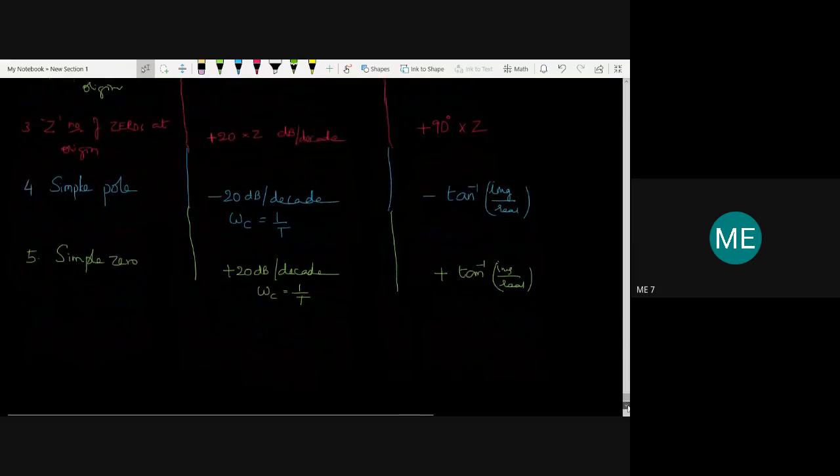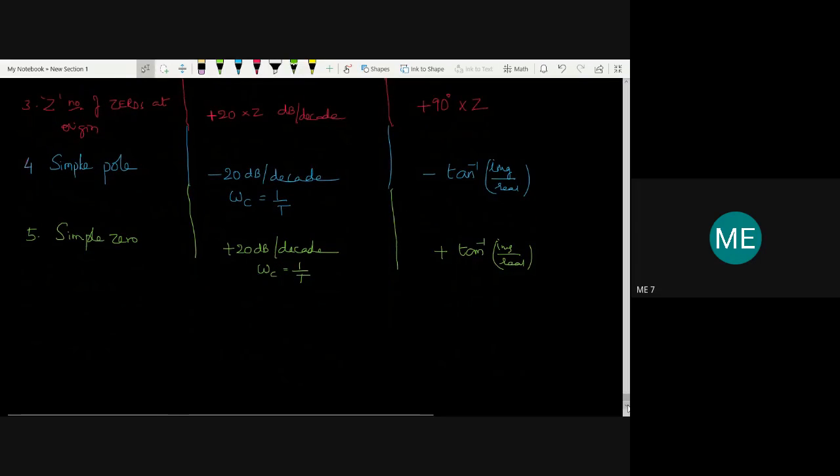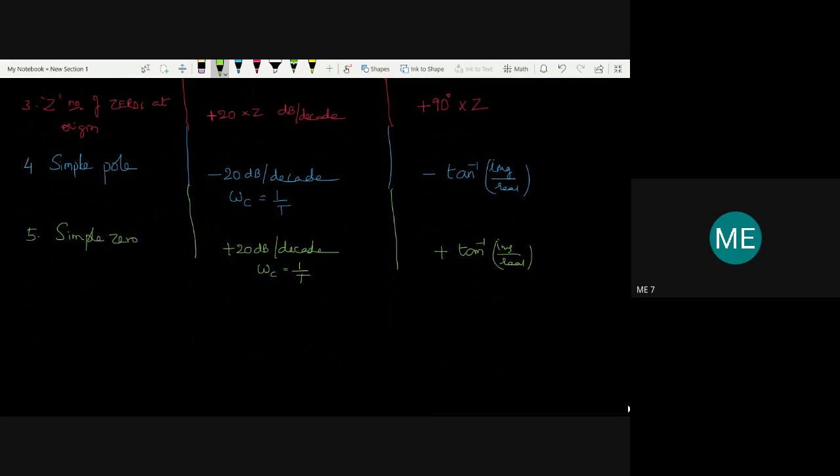So next is one more factor. Of course, in the discussion, we have taken 2 and 3 as one factor, 4 and 5 as one factor, and similarly 6 and 7 as one factor. Now, the quadratic pole. The quadratic pole has a contribution of minus 40 dB per decade, and omega c is equal to omega n.